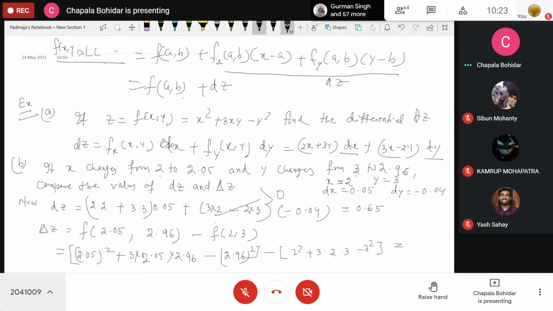I'm getting 0.644. Okay. So it is approximately equal to this or not? So what did we do? We compared, which means dz is approximately equal to del z. Okay?